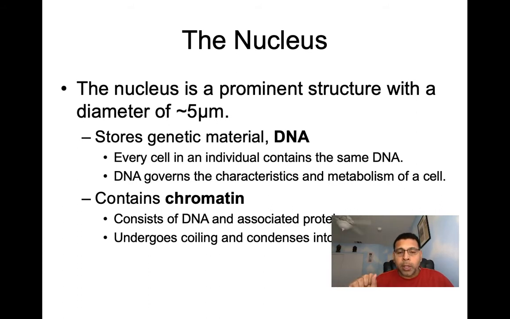We're going to see that happen when the cell is ready to divide. If the cell is not dividing, how is that genetic information going to be found? As chromatin.